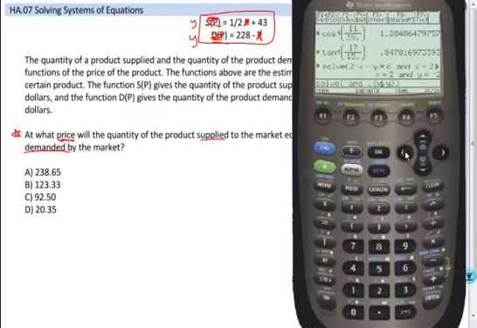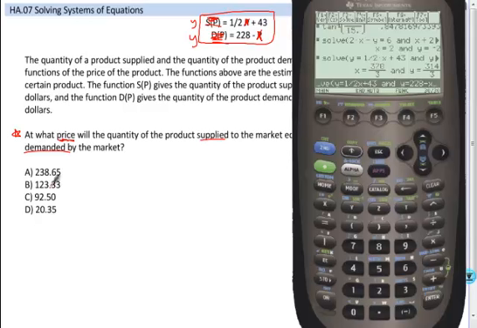Okay, and then what I can do is enter my first equation. I'm using x's and y's here, so y equals 1/2 x plus 43, and my second equation, y equals 228 minus x. I'm going to hit enter, and I get my solution.